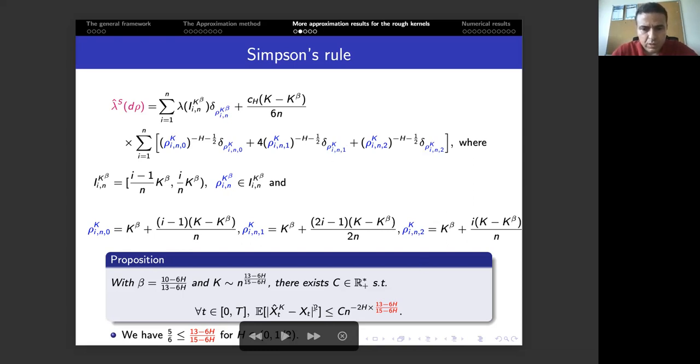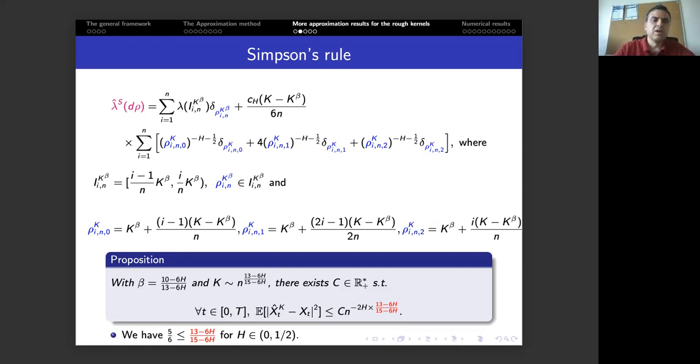In this case, we improve the rate 2/3 as follows. It becomes 13 minus 6h over 15 minus 6h. So the worst rate we can have, if you let h vary between 0 and 1/2, is 5/6, which is better than the 2/3 we had before.